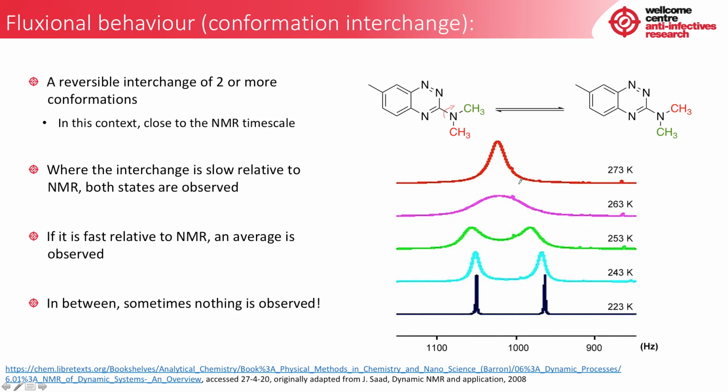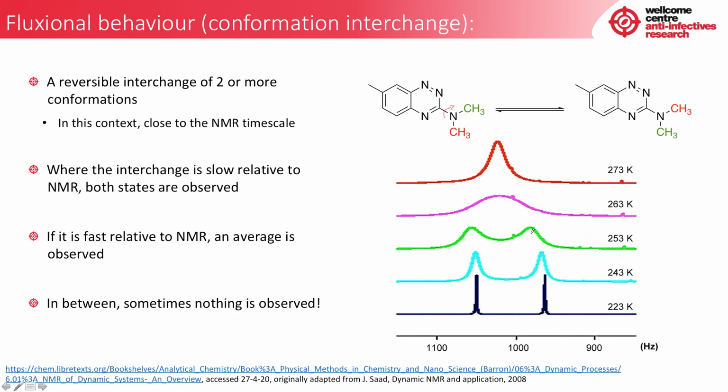As you cool this even a little bit, you see the signal broaden as the range of states that are being seen by our NMR experiment increase, until this starts to form two distinct populations. And at this point, we are seeing the protons, the methyl groups on each side as inequivalent, slowly interchanging.